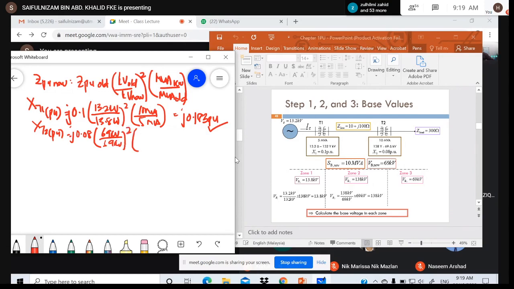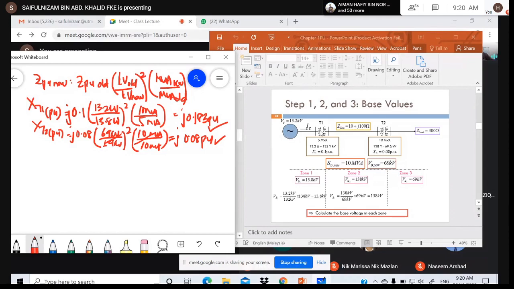This 10 divided by 10 also cancels, so you get j0.08 per unit. This means the old per unit value equals the new per unit value, since the old and new bases are similar. So done.